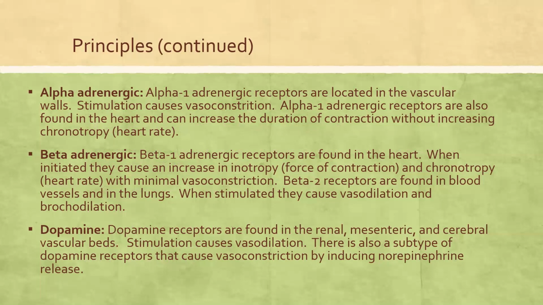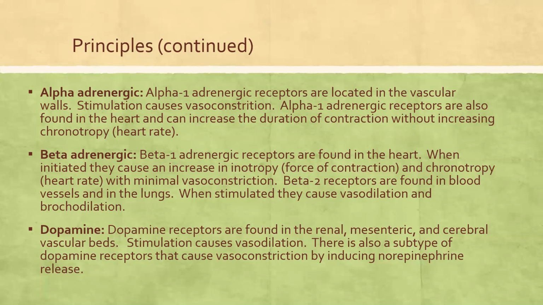They also have receptors in the heart, where they can increase the duration of the contraction without decreasing the heart rate. So we're not lowering the heart rate, but we've got a longer contraction. A longer contraction means greater outflow, more blood pumped out with each contraction, with better filling time and then that contraction.